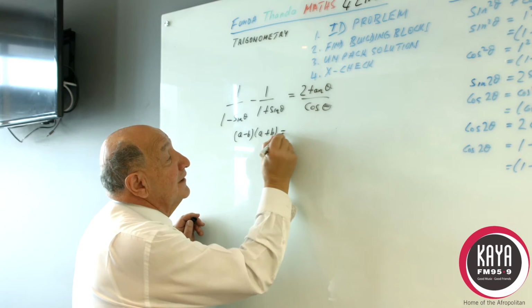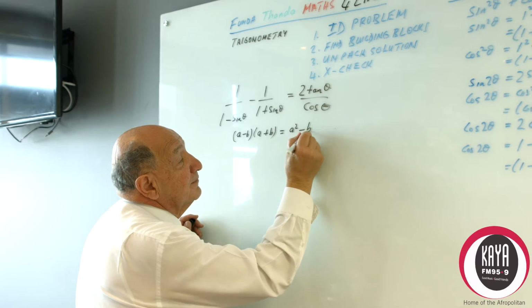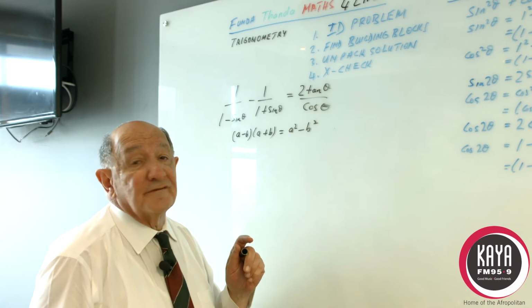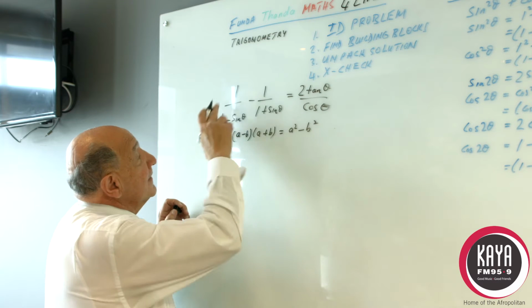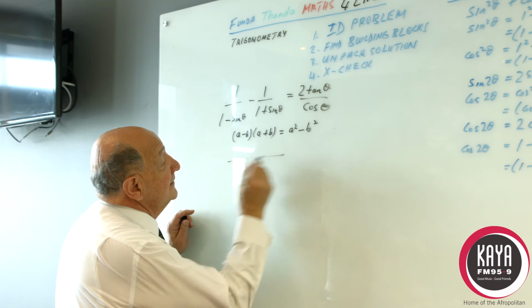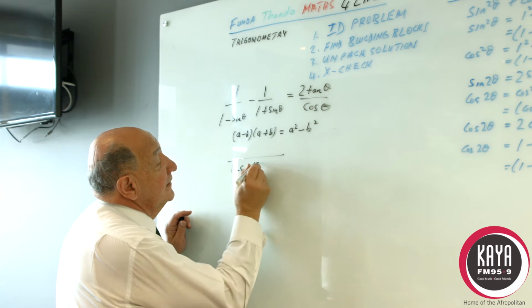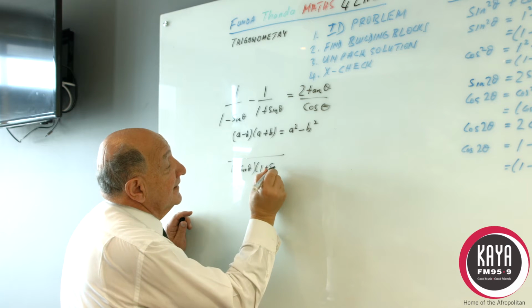When we evaluate that, we get a squared minus b squared, which is the difference of two squares. So our common denominator of those two fractions is 1 minus sine theta, 1 plus sine theta.